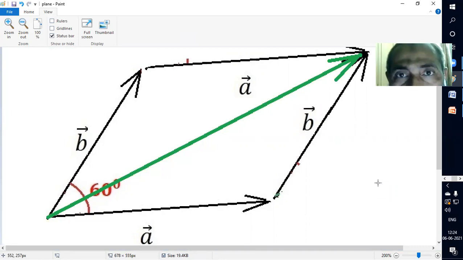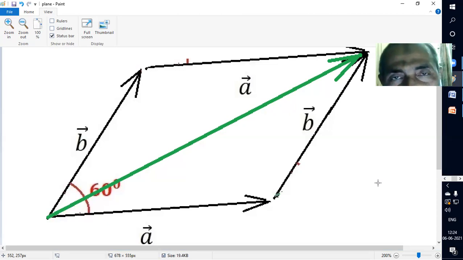The triangle above the green colored arrow comprises vectors B and A. Vector B and A when added, you get the resultant vector as the green colored arrow. The green colored arrow gives you the summation of the two vectors.